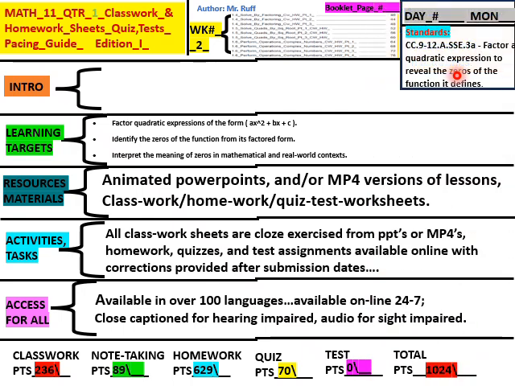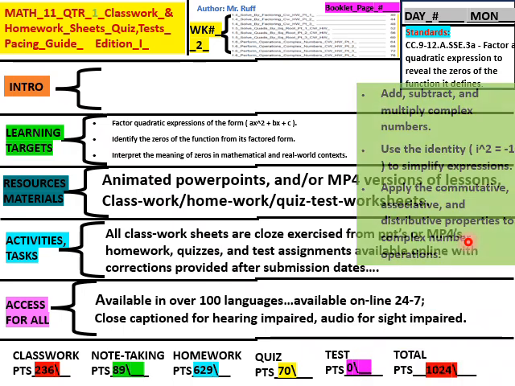And then add, subtract, multiply complex numbers. This would be our intro and our learning targets here. Use the identity i squared equals -1 to simplify expressions. Apply the commutative, associative, and distributive properties to complex number operations.